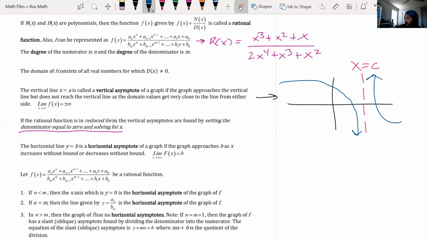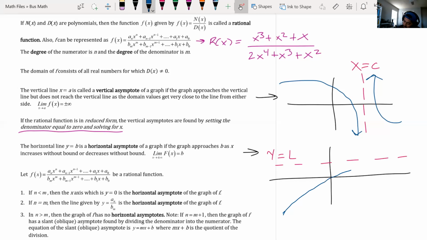Okay, the next type of asymptote is called a horizontal asymptote. So a horizontal asymptote is another line that a graph approaches, but this time you may be able to intersect a horizontal asymptote. So I'll draw it like this. Here's my horizontal asymptote, and it's given by the equation y equals L. If I were to draw my function, then we would get really, really close to it and possibly intersect it or never even touch it.